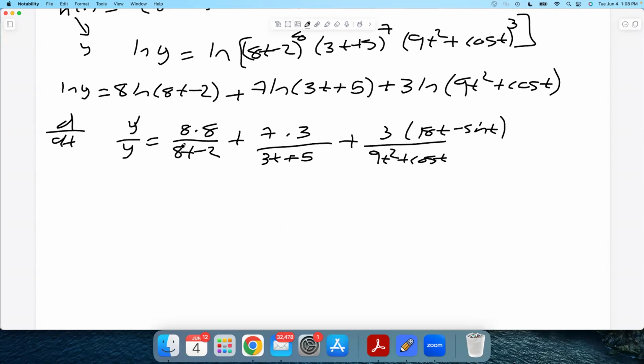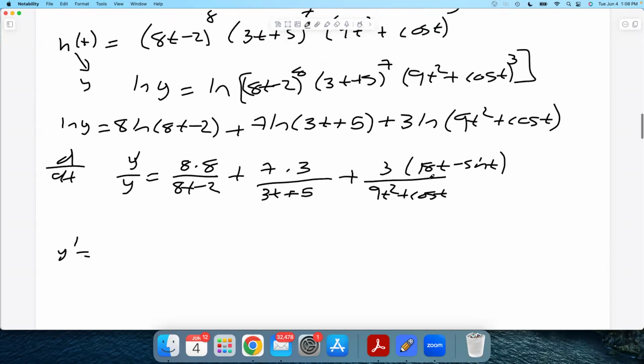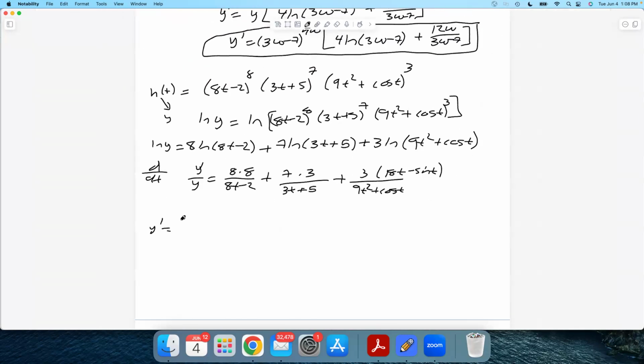And we're almost done. Now we just multiply the y over. So y prime will be y times all of this, but remember what y was. It takes longer to write these out than it does to actually solve them. But this is still much quicker than if we had done product rule twice.